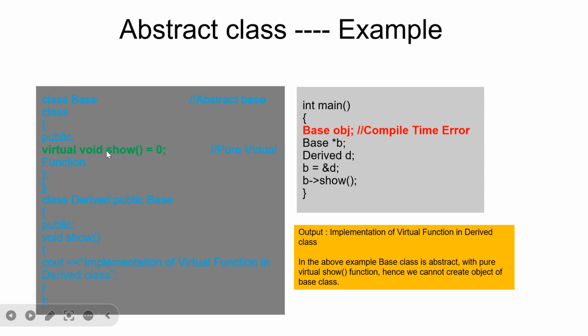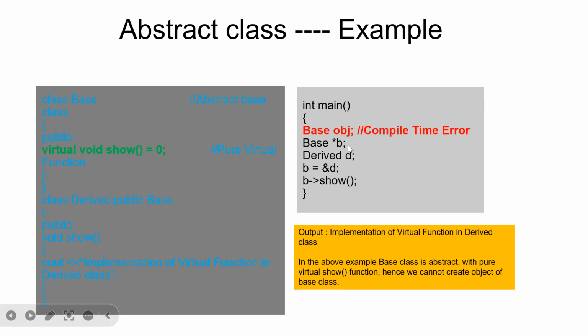So both have the same name. So we have given the pure virtual function as 0. So I have defined this function inside the derived class. Okay, so I should not create an object for the base class. If I create an object for the base class, then it will show an error, because this has the pure virtual function equal to 0 here. So for an abstract class we can't create the object.